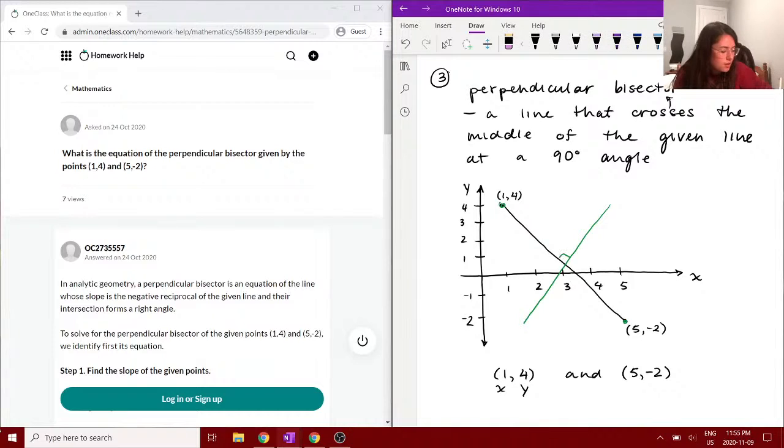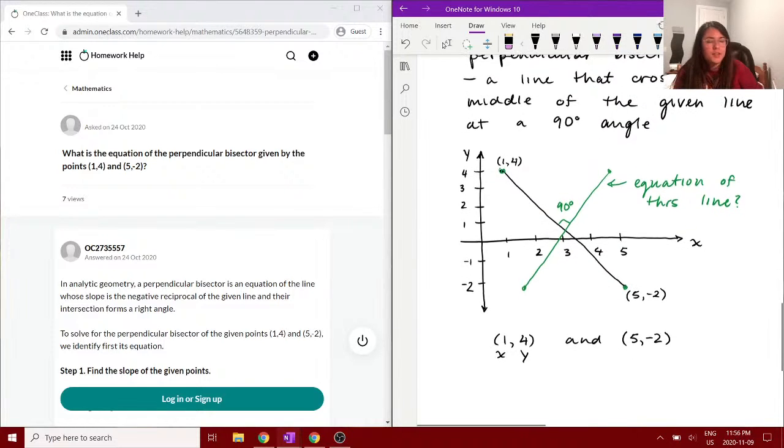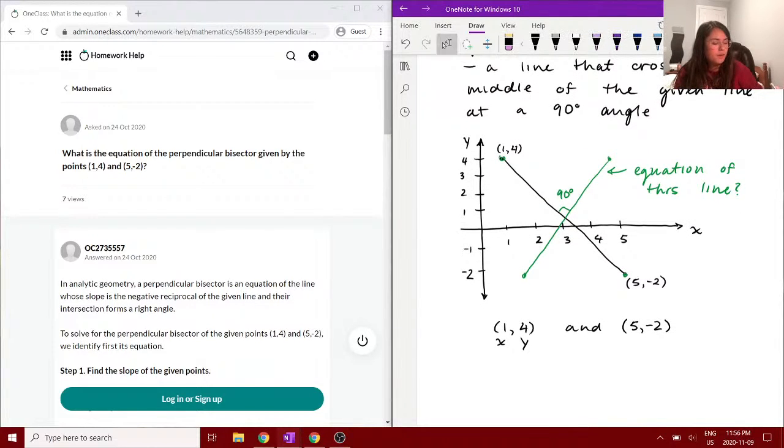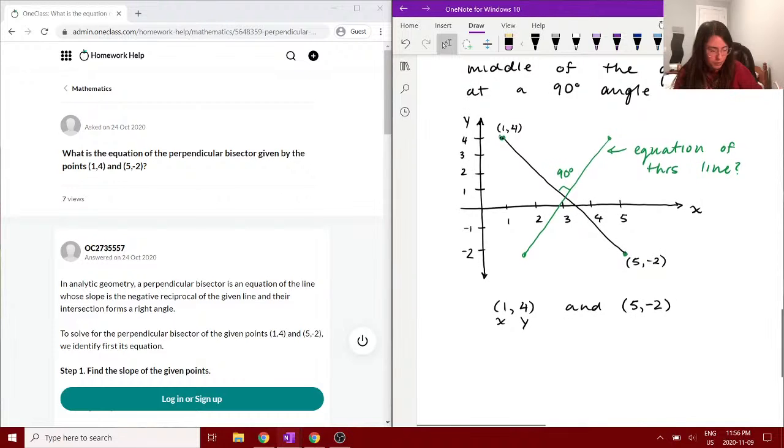I think you get the idea here in my box. So that's a 90-degree angle. So now we just need to figure out what is the equation of this line, right?